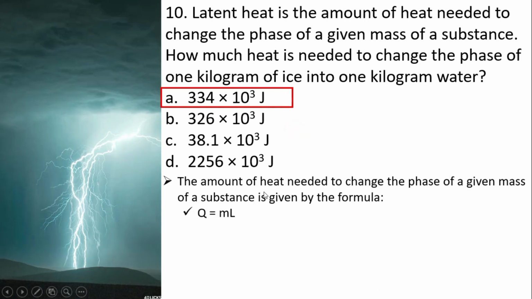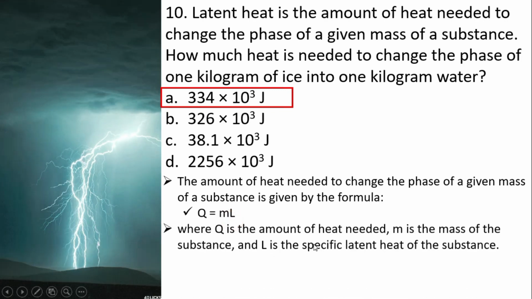Okay? So the amount of heat needed to change the phase of a given mass of a substance is given by the formula Q. Okay? The amount of heat needed is equal to the mass of the substance times the specific latent heat of the substance. So the mass of the substance here, which is water, is 1 kilogram.